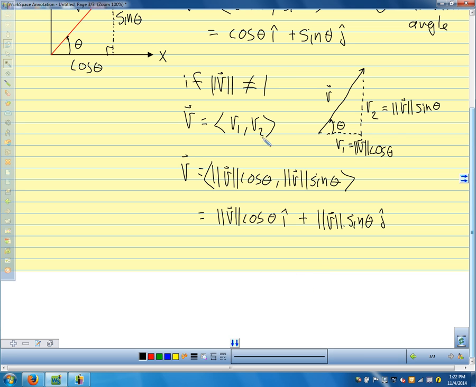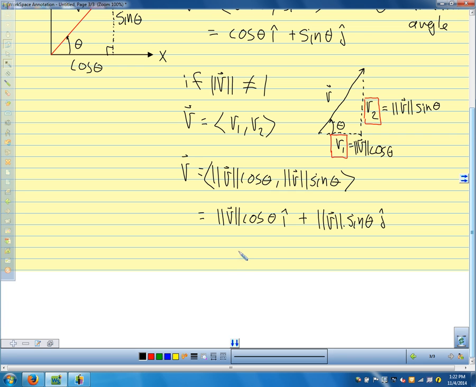And if we know v1 and v2, if we know these two sides of our triangle, here's v2. So we know our component form. And here's v1. How would we find our angle from v1 and v2? Inverse tangent. This is the opposite side. This is the adjacent side.